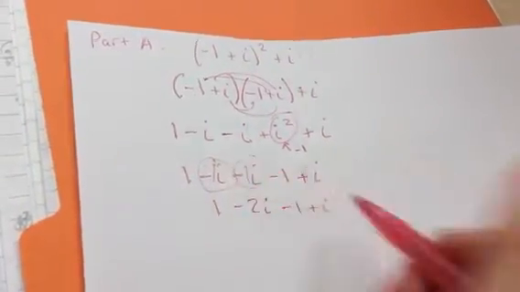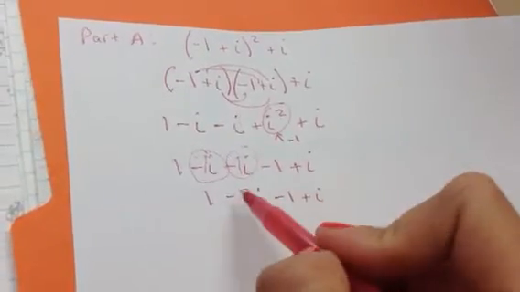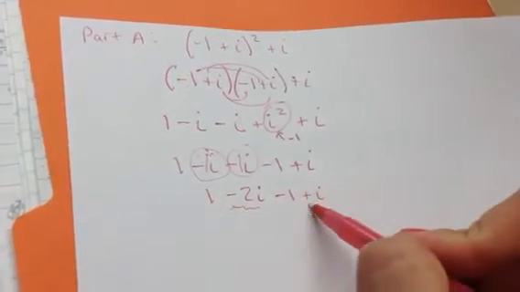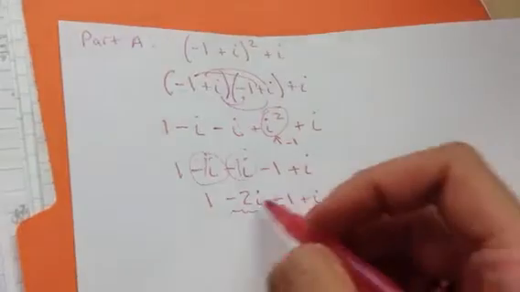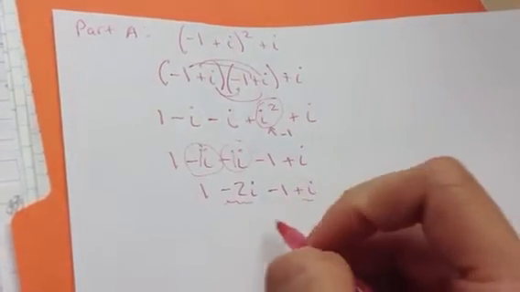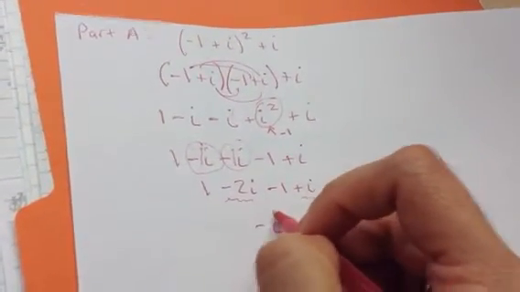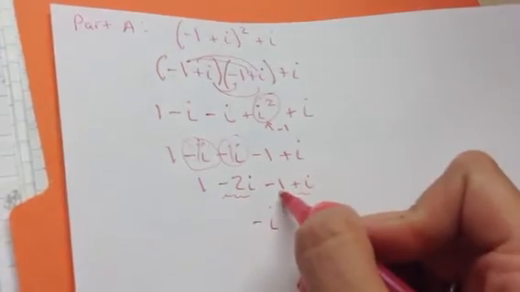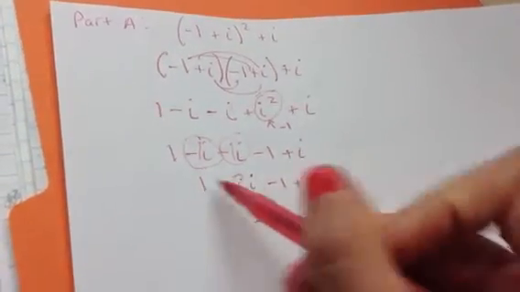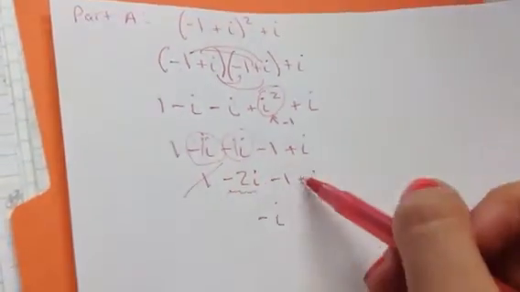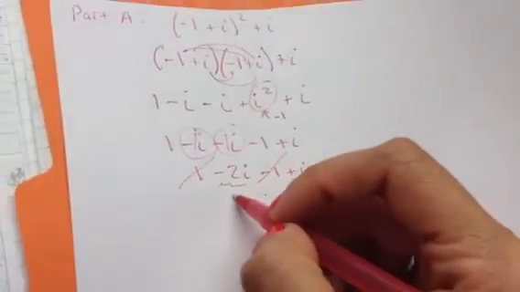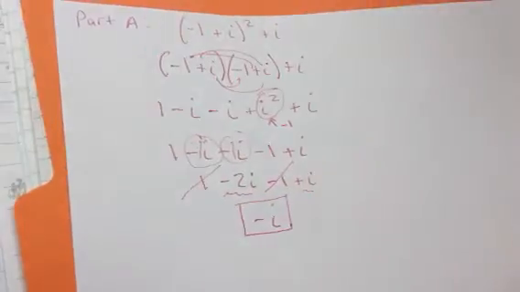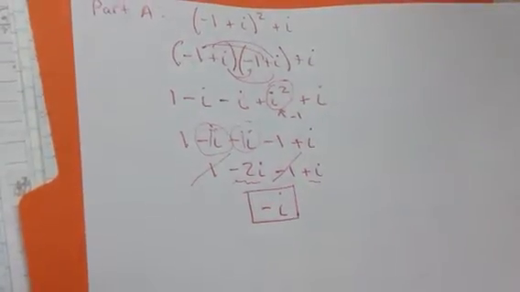Combine those. And then I have this plus i here. So this -2i plus i gives me a minus i. And 1 minus 1 is 0. So these cancel out. So all I'm left with is minus i. That was the answer to part A.